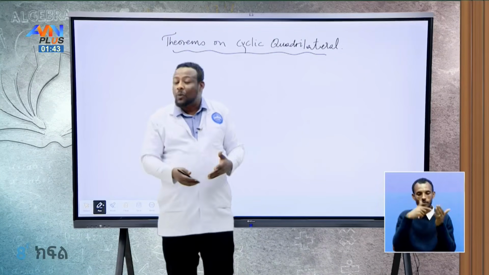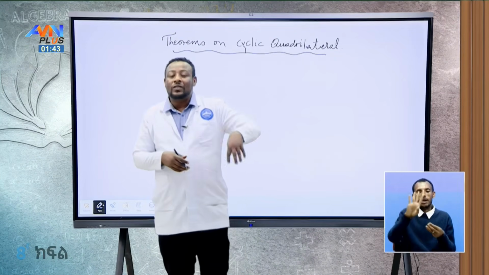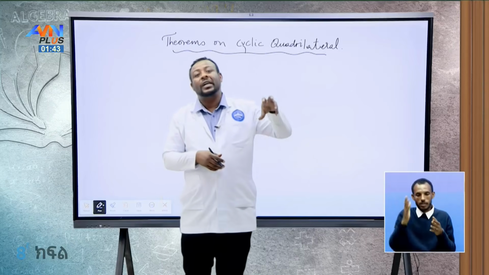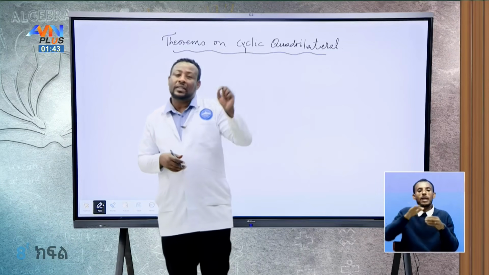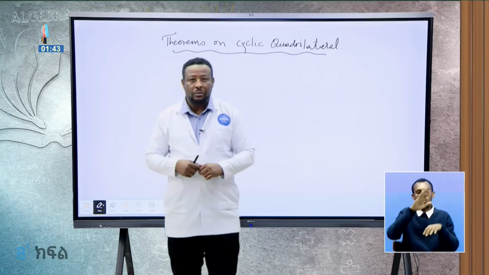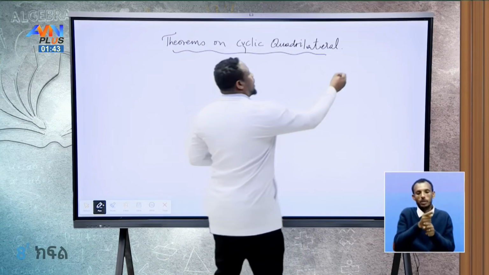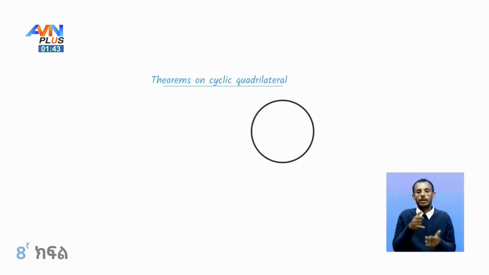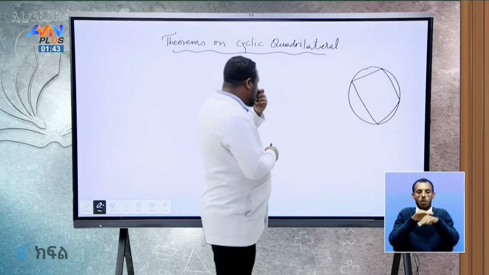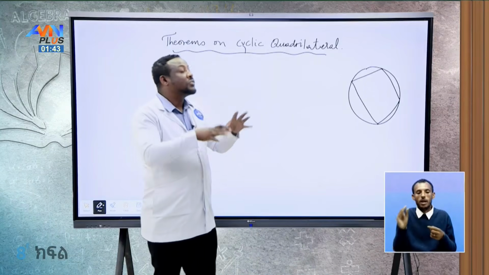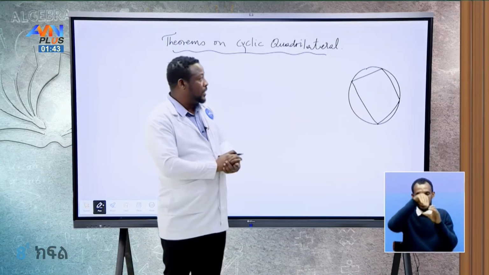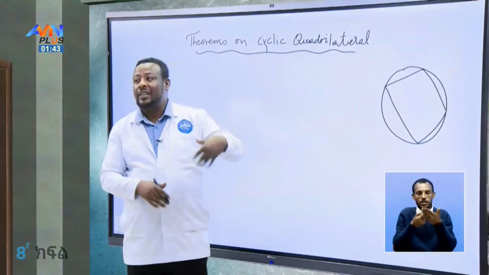Therefore, a cyclic quadrilateral is a four-sided polygon inscribed in a circle, and all the vertices are on the circle. So geometrically, a cyclic quadrilateral looks like this. All the vertices are on the circle, and the quadrilateral is inside the circle. So this is roughly a cyclic quadrilateral.